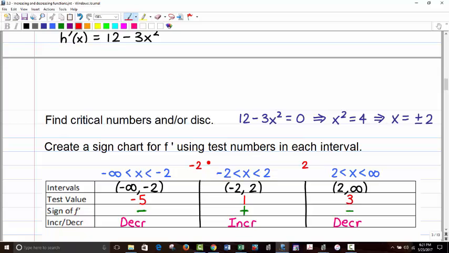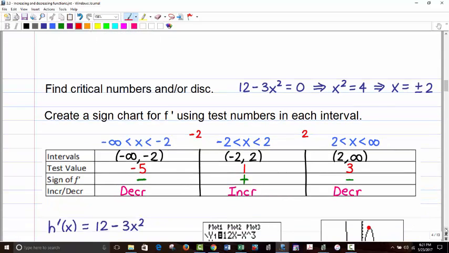All right, let's create a little sign chart here and put this in intervals. On a handwritten test, I'm not too picky about the notation, so interval notation is very much all right. I'm going to go ahead and use open intervals here.